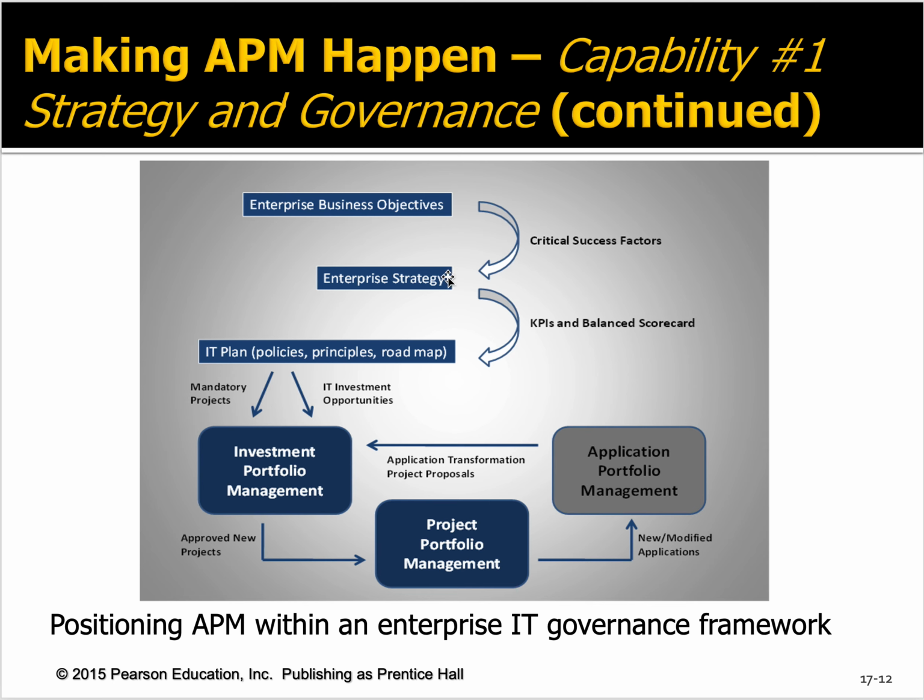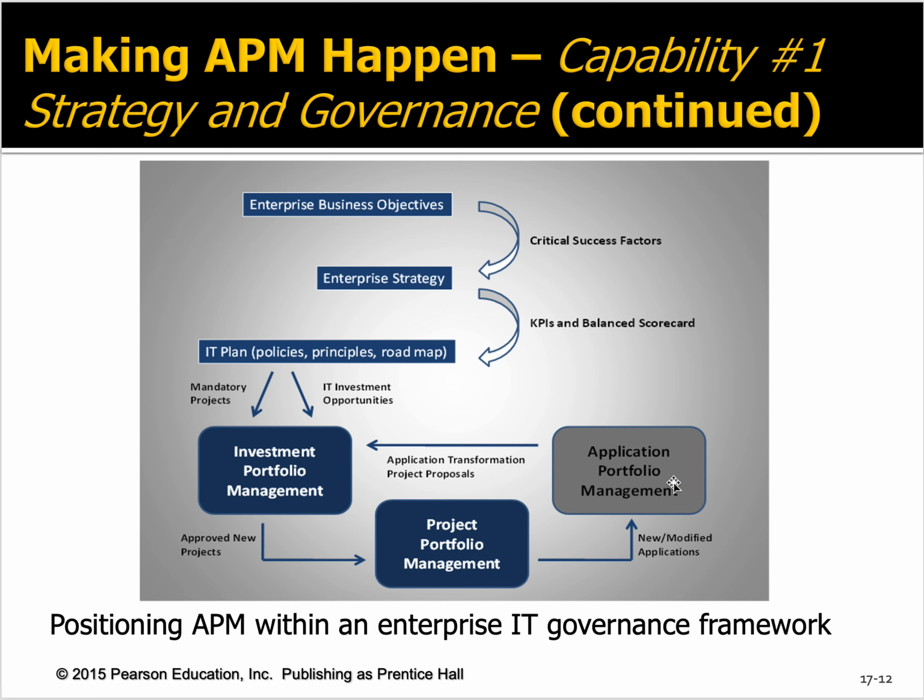That goes into an enterprise strategy. You have key performance indicators and a balanced scorecard that tells you what you're trying to do. And you have an IT plan, policies, principles, and a roadmap. And you have investment portfolio management, which leads to project portfolio management, because every time you implement a new software or upgrade a software, it's equivalent to a project in terms of project management.